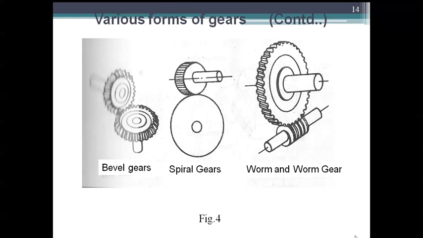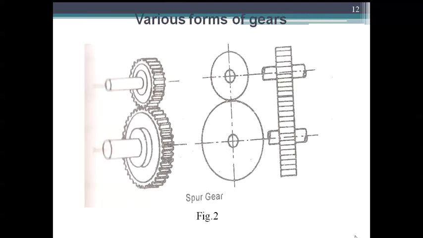Like external gearing, the two gears are meshed externally to each other. So like this, the two gears meet externally.